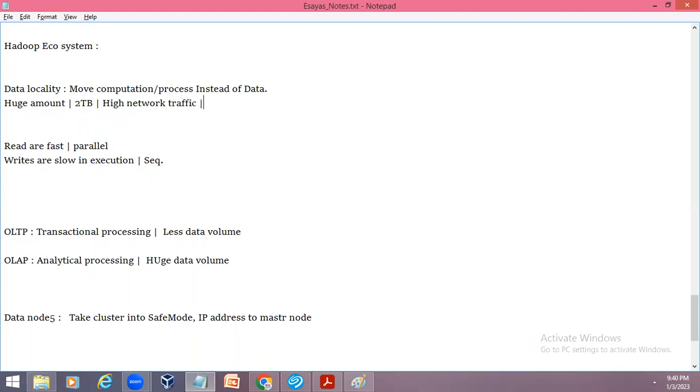You also require huge bandwidth, and there are going to be a lot of IO operations when you traverse your 2 terabytes of data.